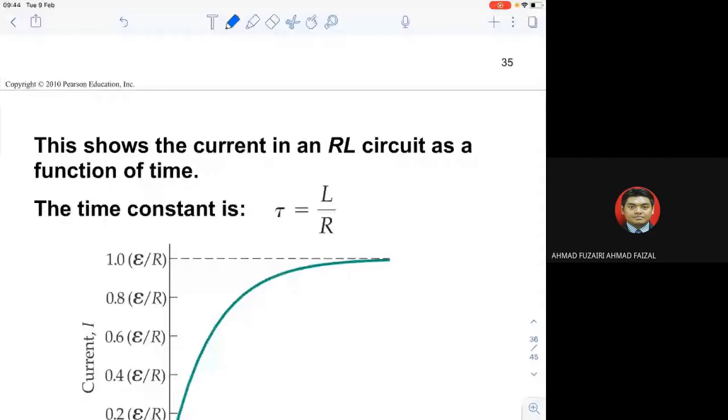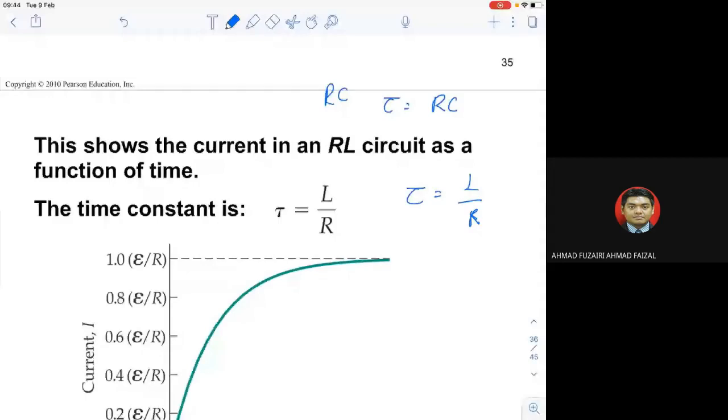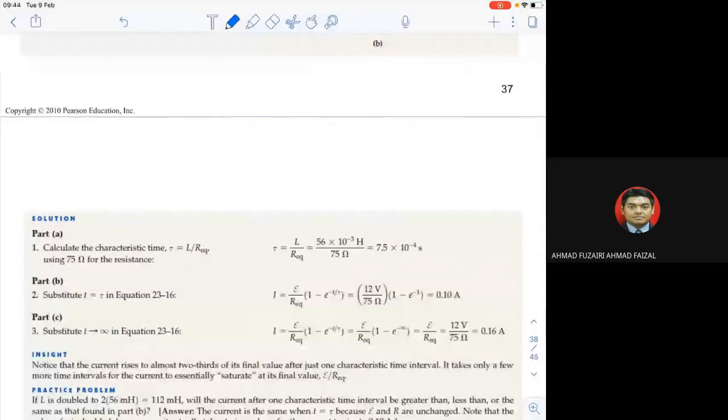Therefore, the most important thing when you have RC or RL: remember RC will have a time constant tau equal to RC, but here we have RL, so tau will be equivalent to L over R. The time constant for an RL circuit is L over R. The most important thing in RC and RL circuits, for direct current circuits, is that you need to know the time constant.